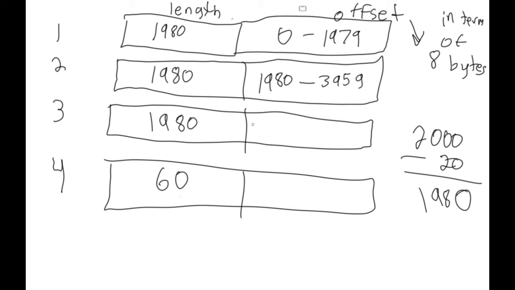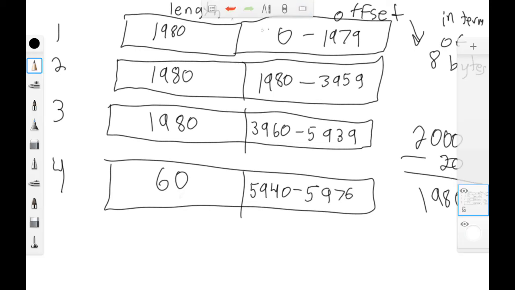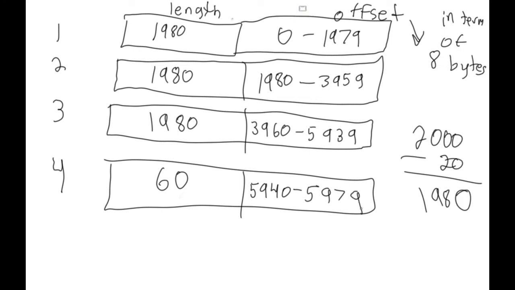And then this starts at 3960, plus 1980 minus 1, which is 5939. And then this is 5940 through 5999.